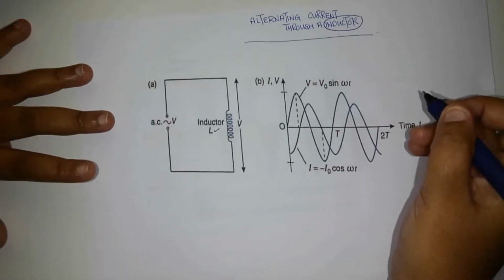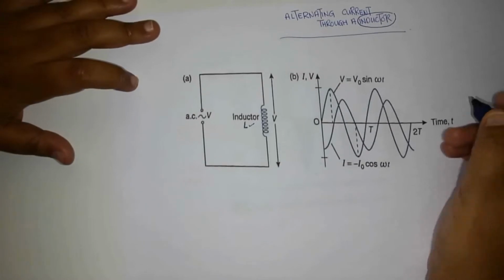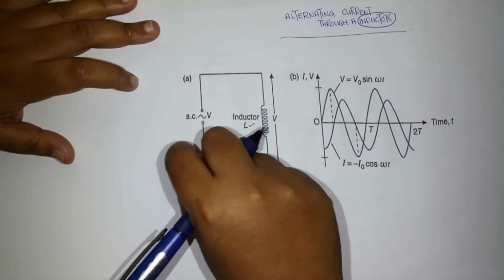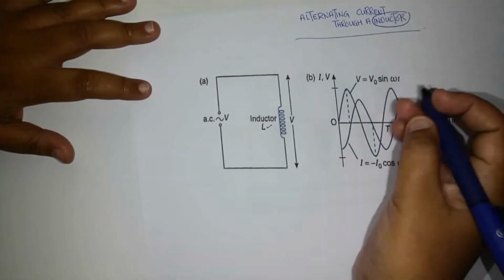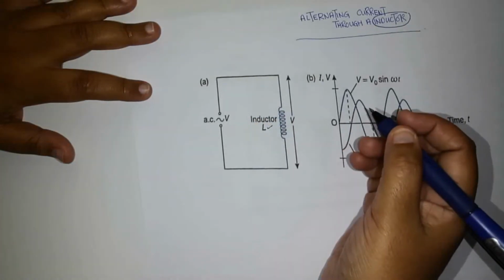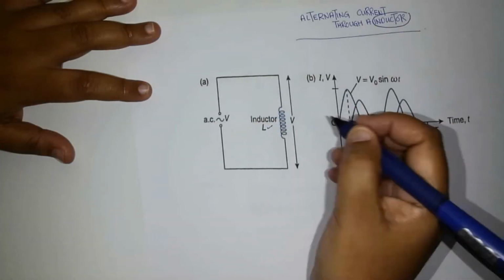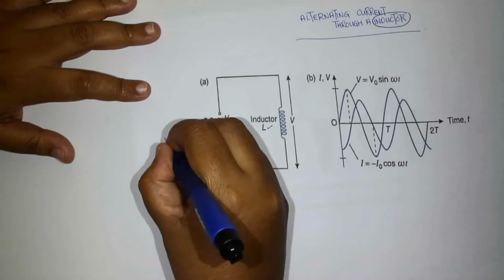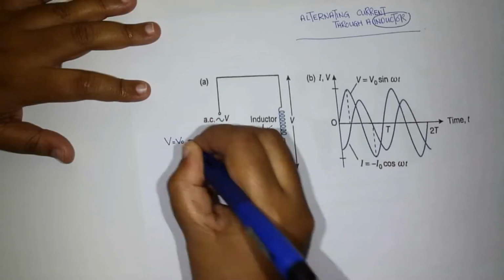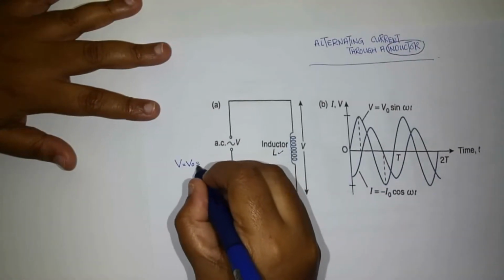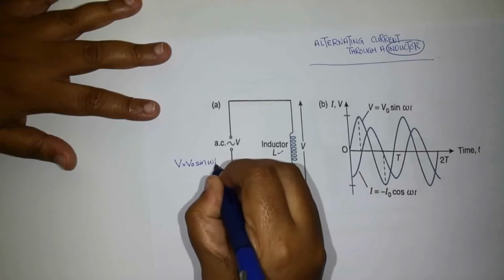Now let's talk about the voltage here. The alternating voltage that is applied across a pure inductor of self-inductance L is V equals V naught sine omega t.